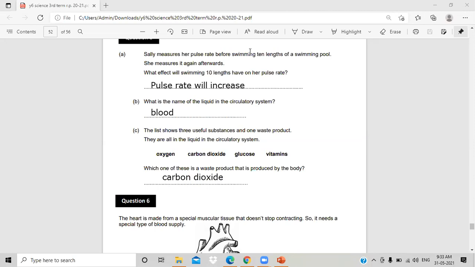We need to finish up. We still have 1 page to finish. Are you done, guys?